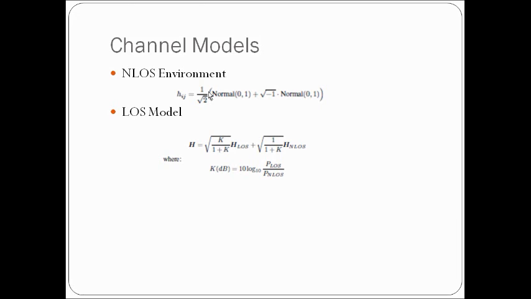In the LOS environment, the channel has a rank 1 matrix H_LOS and an H_NLOS, corresponding to LOS and NLOS respectively. Power contributed by LOS is referred to as P_LOS, while that of NLOS is referred to as P_NLOS. The H_NLOS component is usually modeled as shown in the formula.